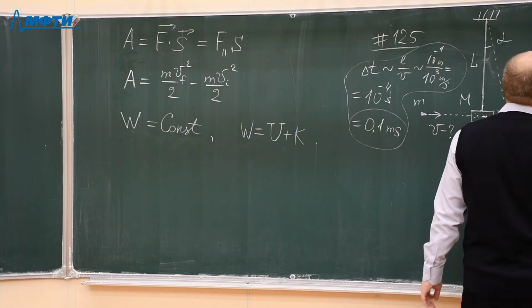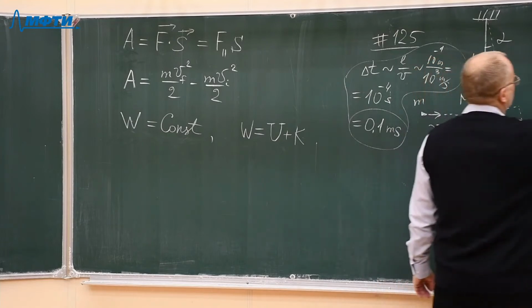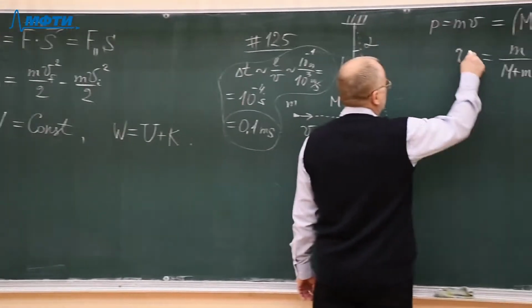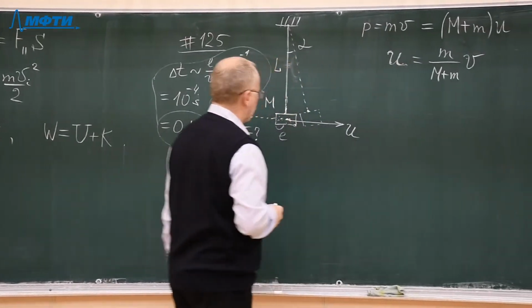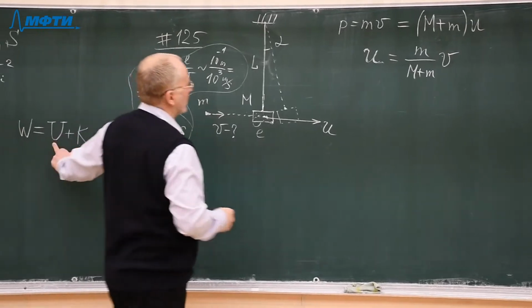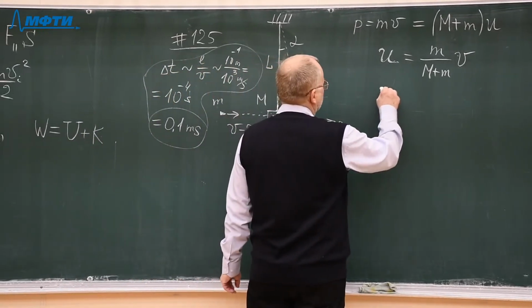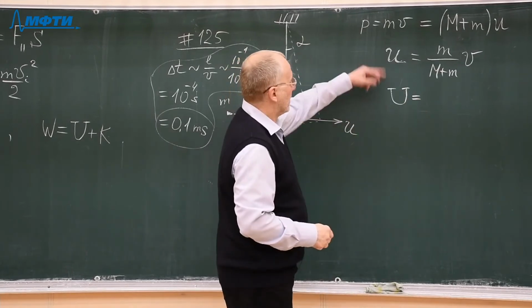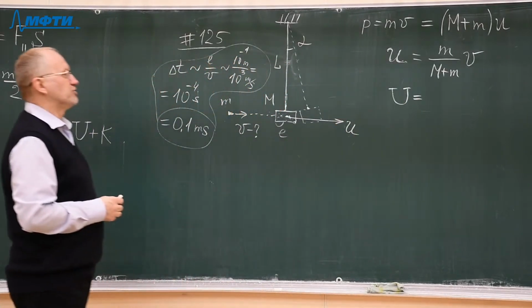Velocity is a lowercase letter, and the potential energy is U, uppercase, so that we can easily distinguish between the two quantities.